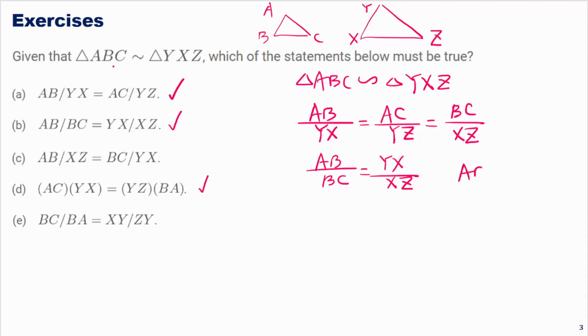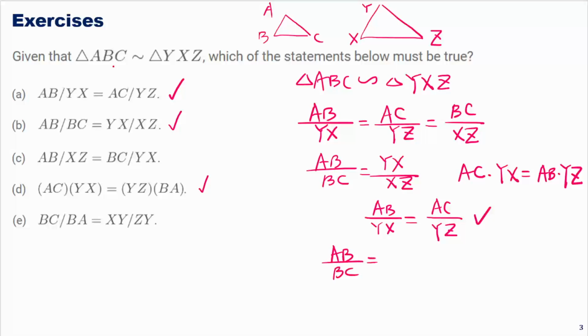And also we have AC times YX equals AB times YZ, right? Hence AB over YX equals AC over YZ is true. So the first one is true, right? From part A, we know that AB over BC equals YX over XZ is also true. So the second one is also true.